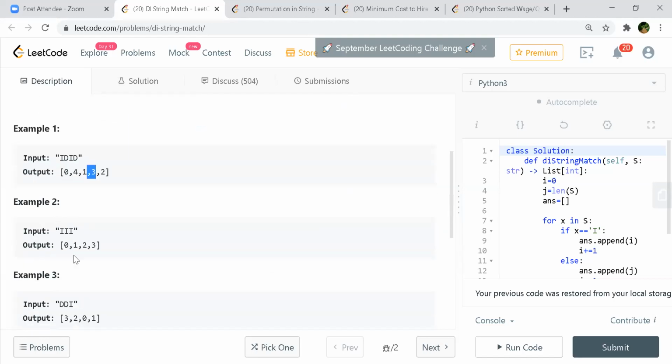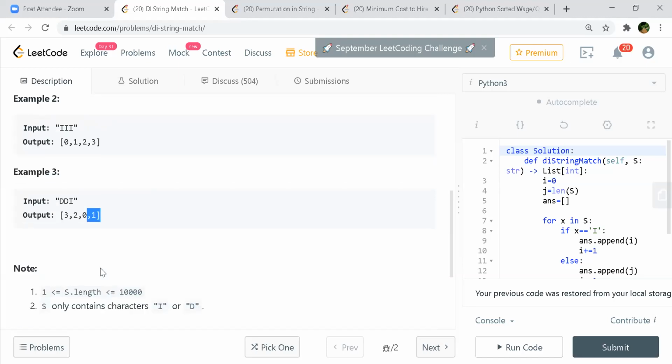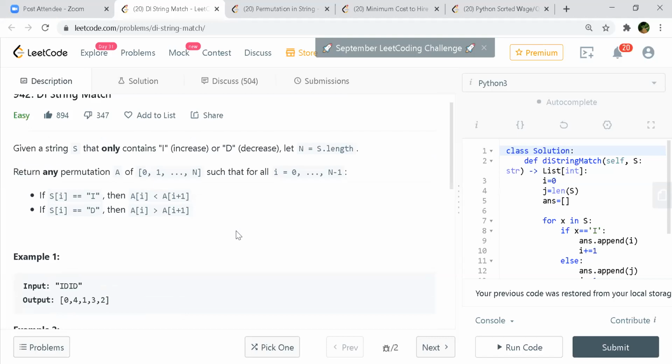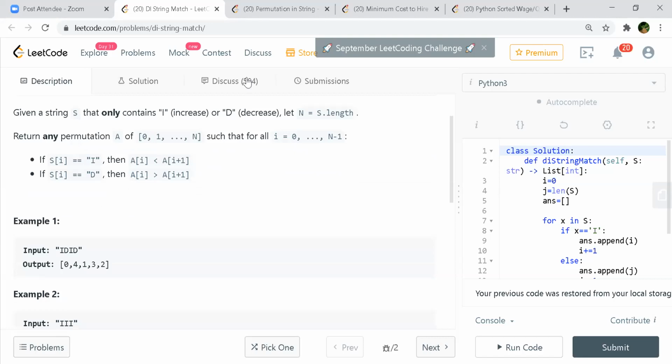Here it's increasing. So the next character 1 is greater than 0, 2 is greater than 1, and 3, and so on. And here decreasing and then increasing. The constraint is that you'll have only two characters, I or D. If you look at examples 1, 2, and 3, I think the problem becomes easier to understand and implement, right?